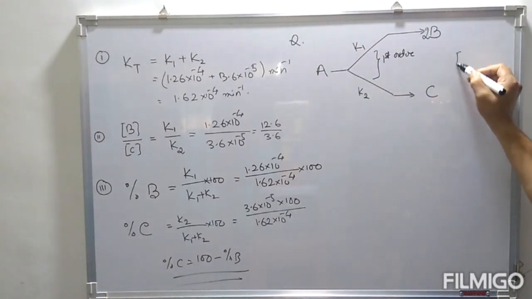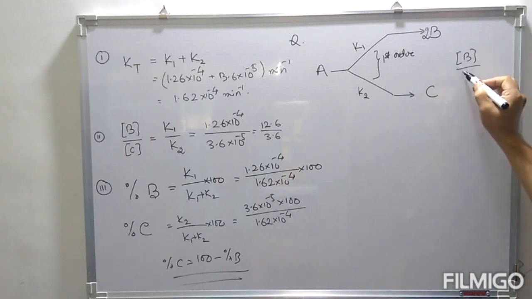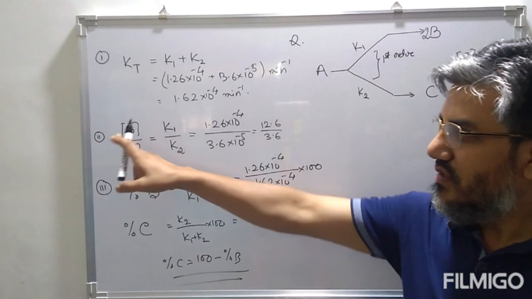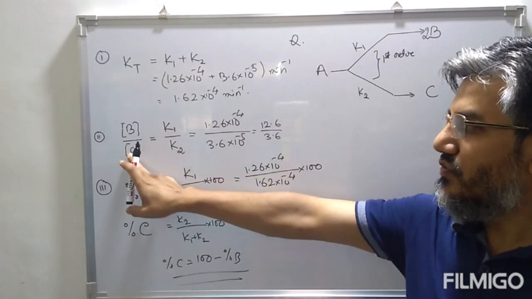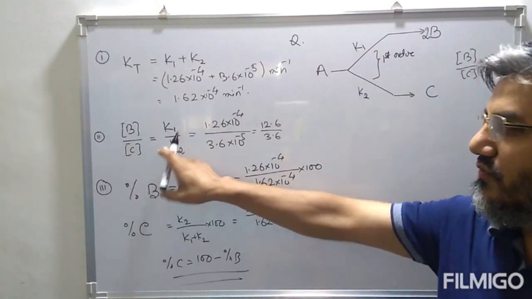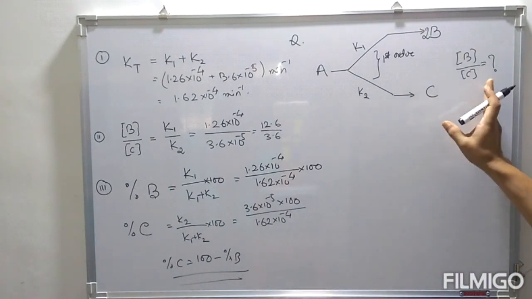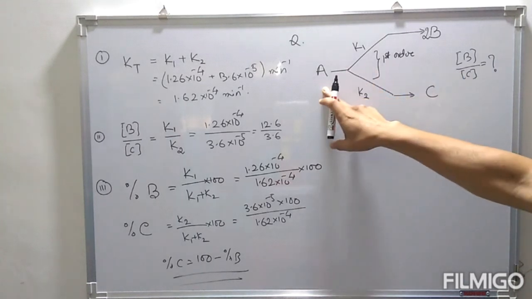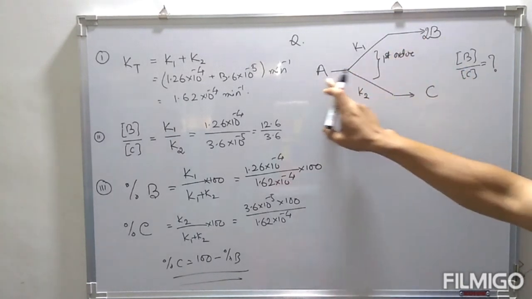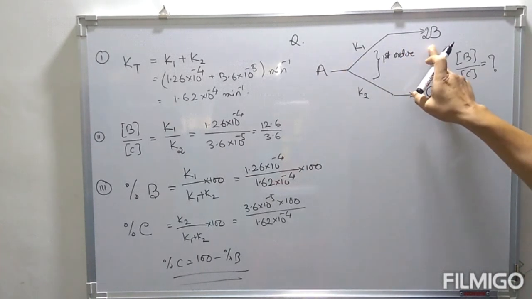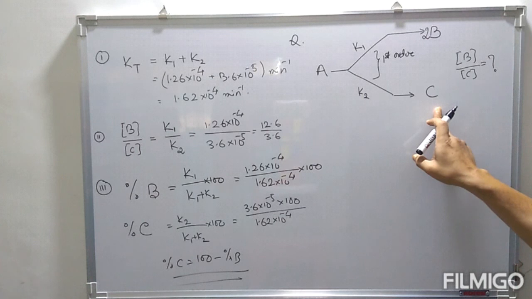Now the question says, find the product ratio of B and C. In the previous example, we said the product ratio at any given instant is simply a ratio of rate constants, but there's a very small change here. In the first question, 1 mole of A gives 1 mole of B, and 1 mole of A gives 1 mole of C. But in this reaction, 1 mole of A gives 2 moles of B and 1 mole of A gives 1 mole of C.